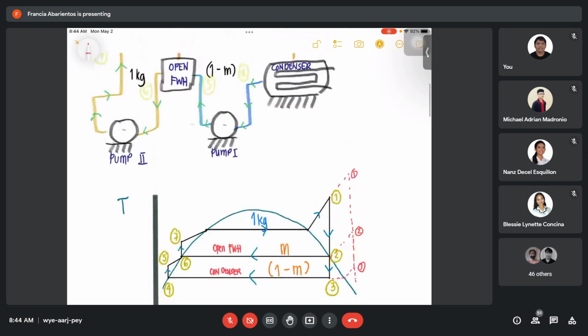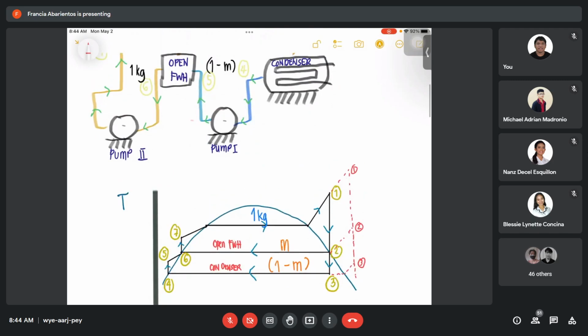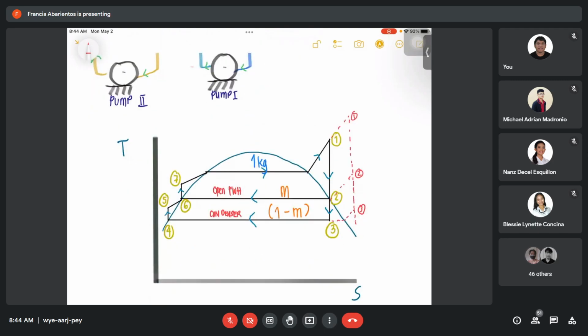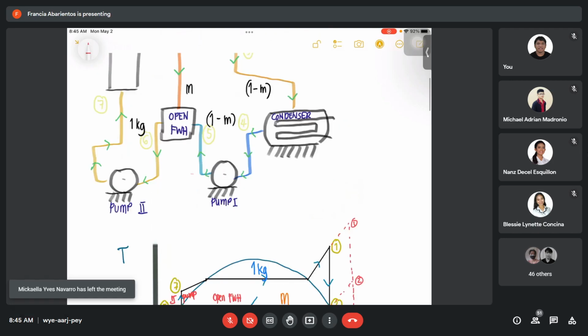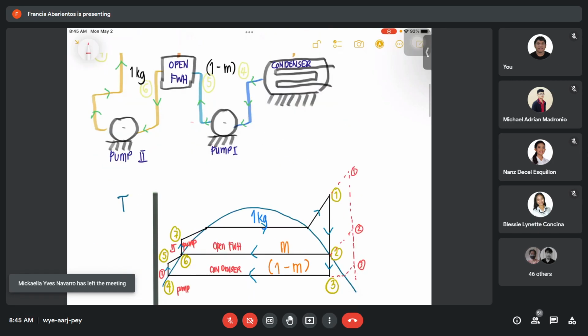And 4 to 5, we have the work of the pump, and 6 to 7. So, we have now pump 1 here. It's pump 1. It's pump 2. So, we have two pump works. And process 7 to 1 is our boiler.